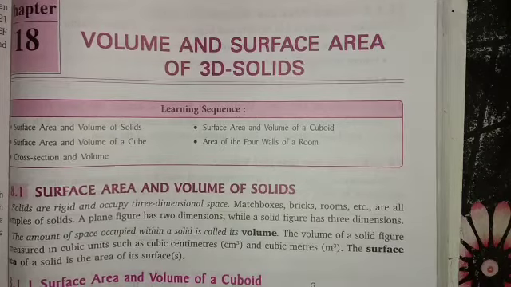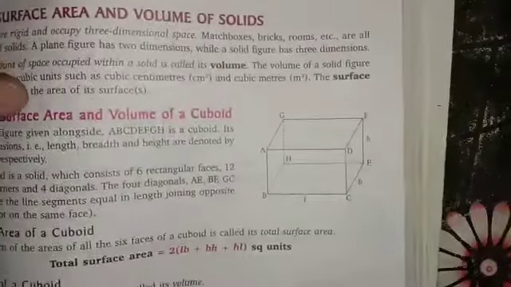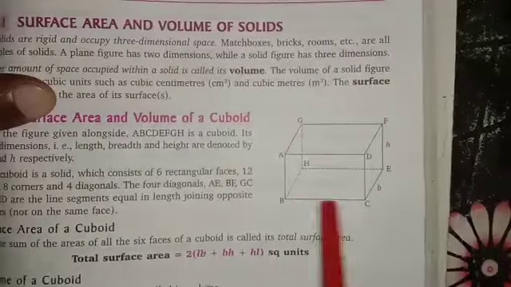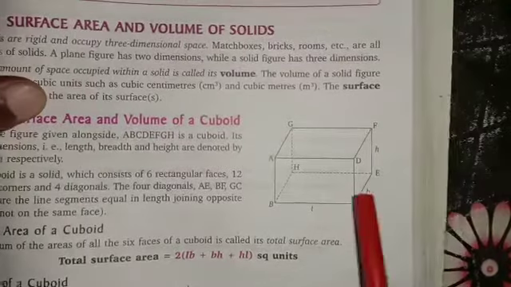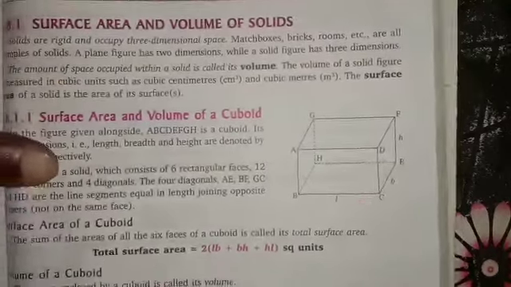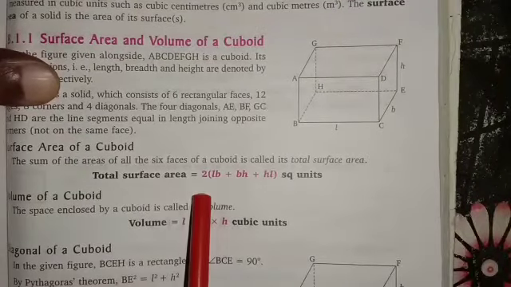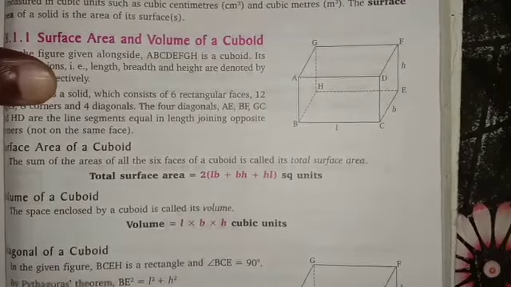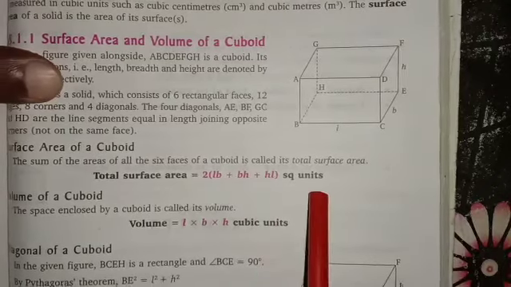Let me discuss some formulas required for cube and cuboid. In case of cuboid, length, breadth, height are unequal. This is a 3D figure. Total surface area of a cuboid formula is 2 whole into LB plus BH plus HL square units.